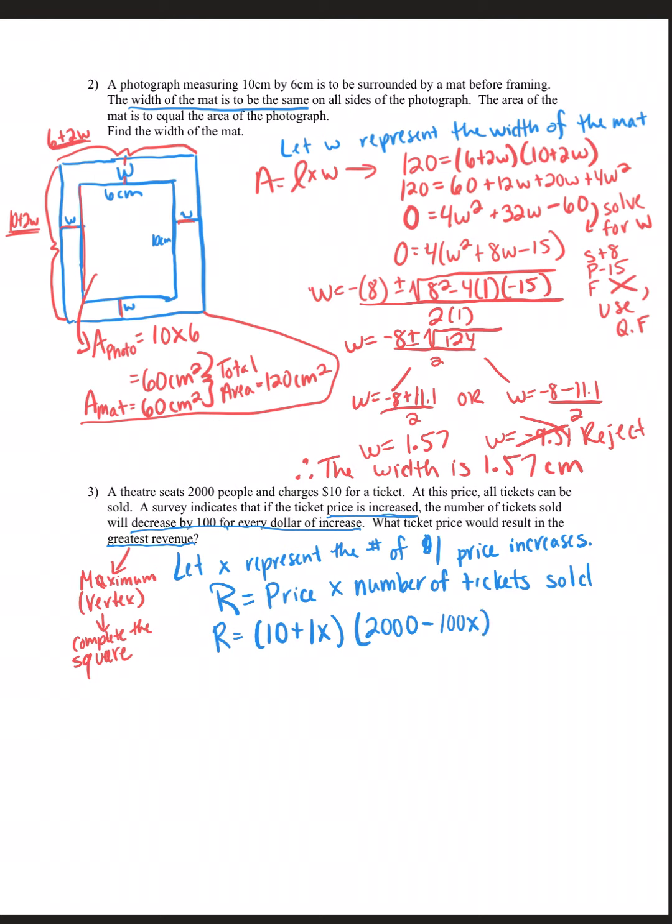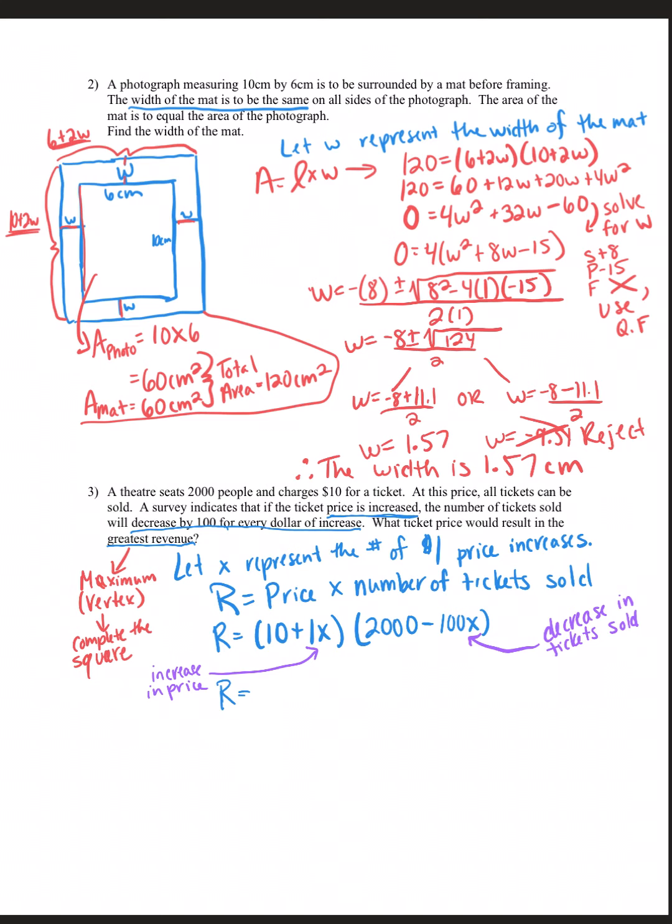So this represents our increase in price, and this part here represents the decrease in the number of tickets sold. Because as we change our price, that's what's going to happen. Price is going to go up, but the number of tickets is going to go down, which makes sense if you think about it. As price goes up, fewer people are going to buy.